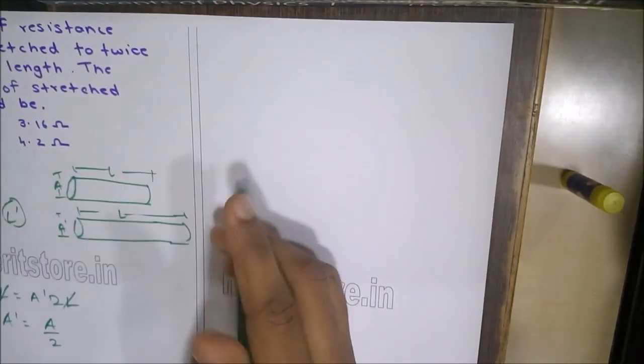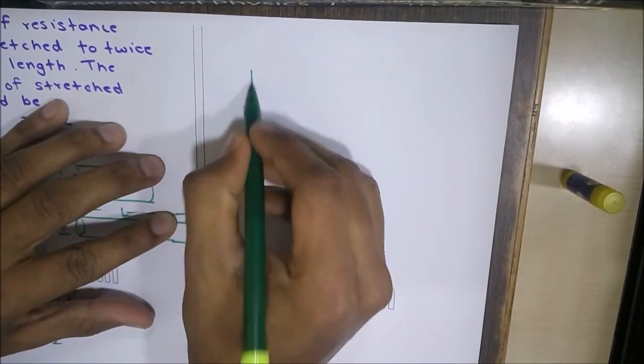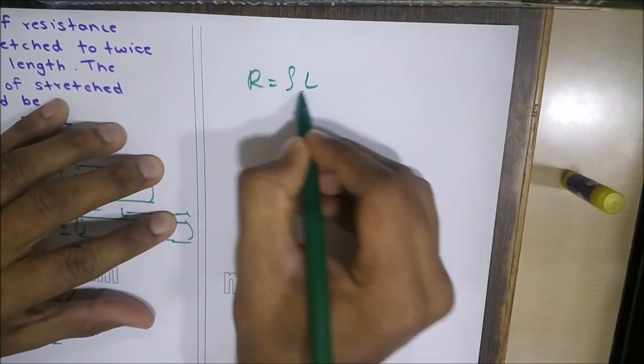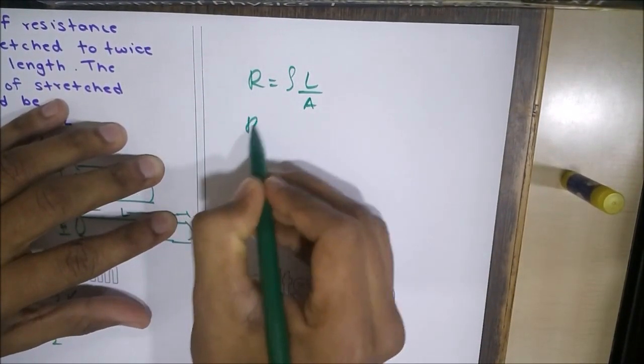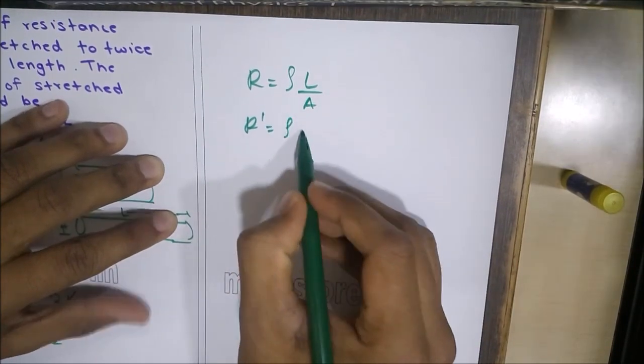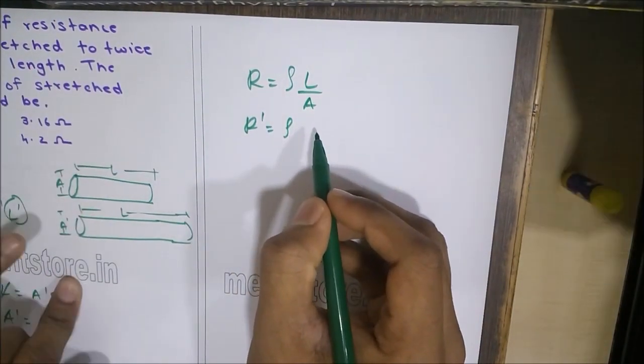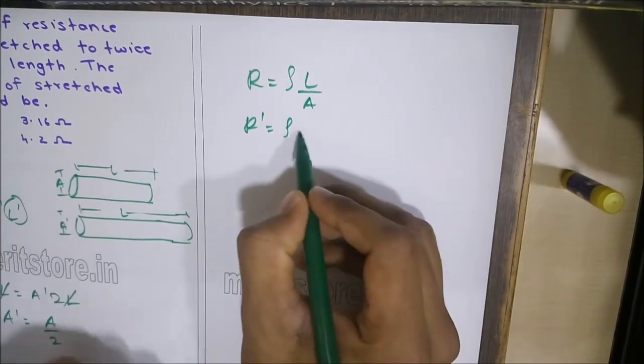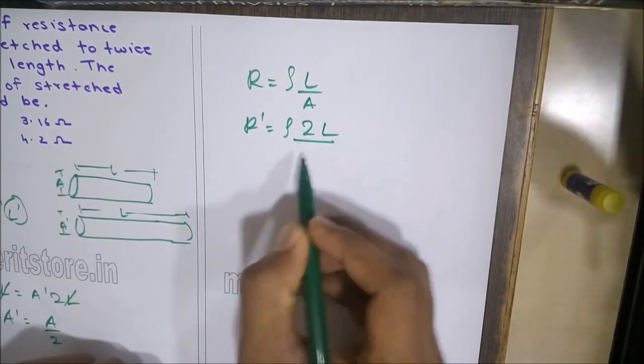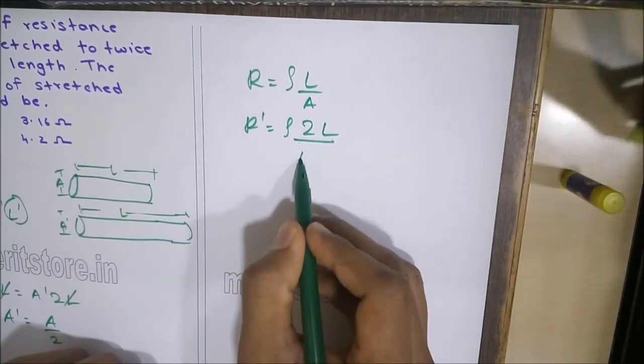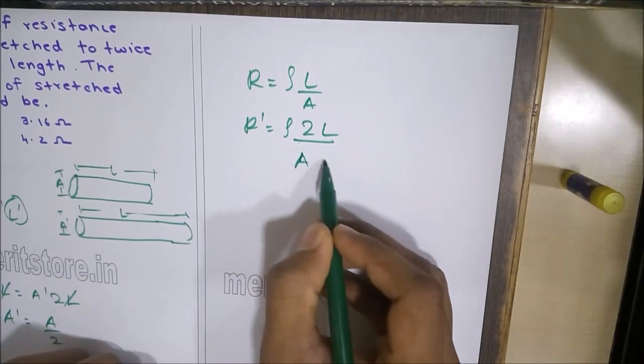Let's look at the formula for resistance, that is R equals rho L by A. So R dash would be rho times L dash, which is nothing but 2 times initial length upon the area A dash, which is A by 2.